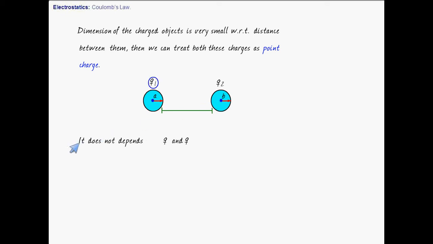Magnitude of charge can be any, it may be small or large, hardly matters. So whether we can treat two objects as point charges depends entirely upon the distance between them. If the distance between them is very large with respect to the dimensions, then we can treat both the objects as point charges.